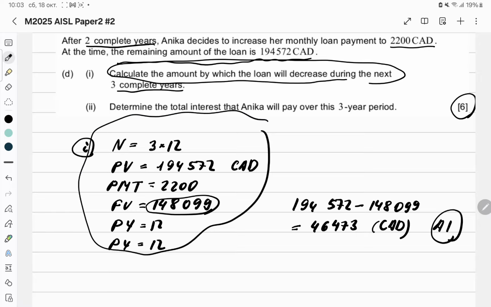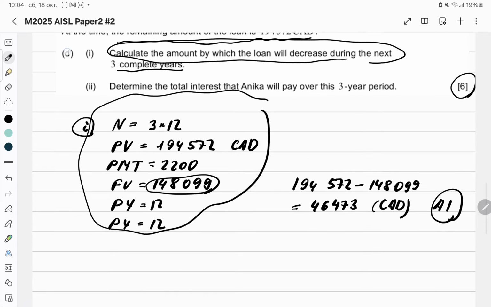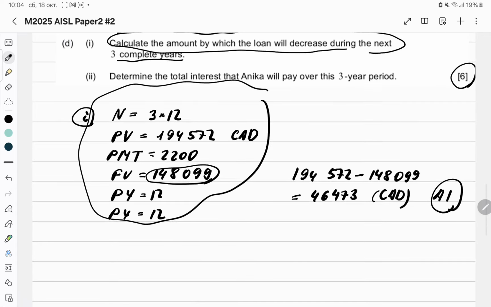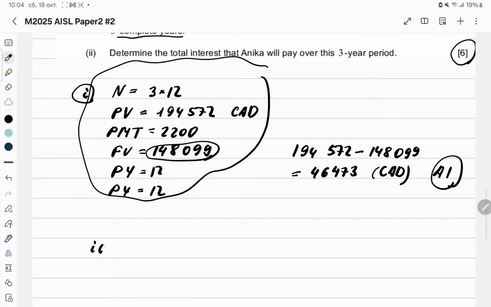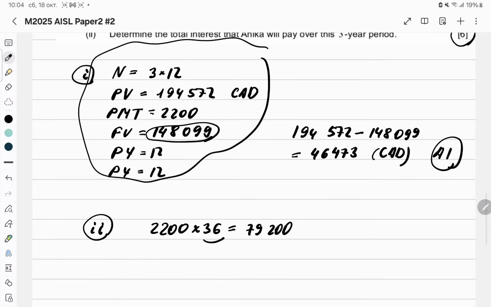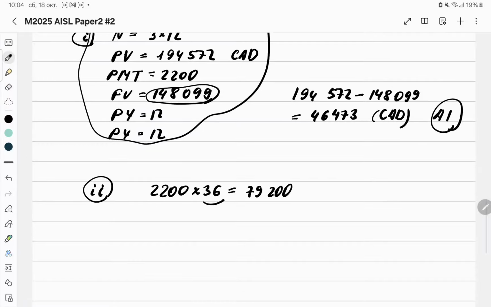Okay, now D2, determine the total interest that Anika will pay over this 3 years period. So how to calculate the total interest? We know that the total amount of money for these 3 years is going to be 79,200, right? So this is 33 times she's going to pay this monthly payment.